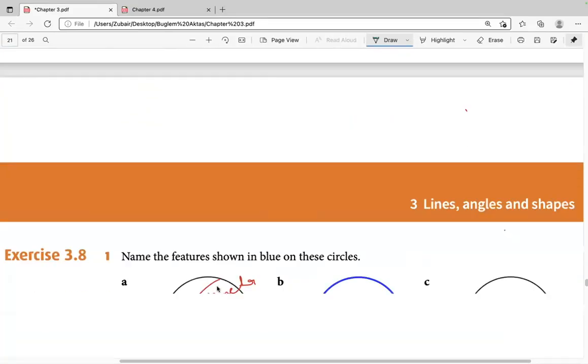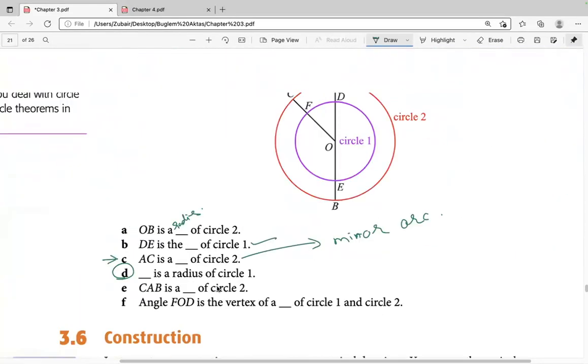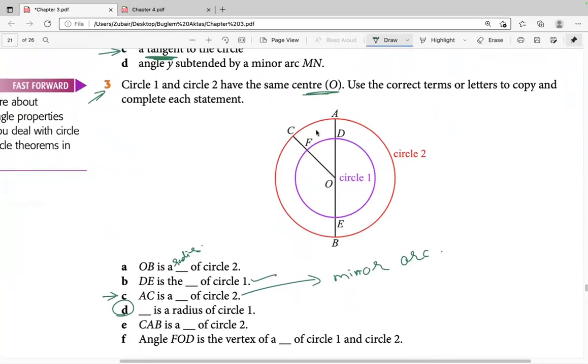So if we talk about CAB, A is the center, so we are talking about the CAB angle. When would it be an arc? Which examples would it be an arc of circle 2? Let me check.